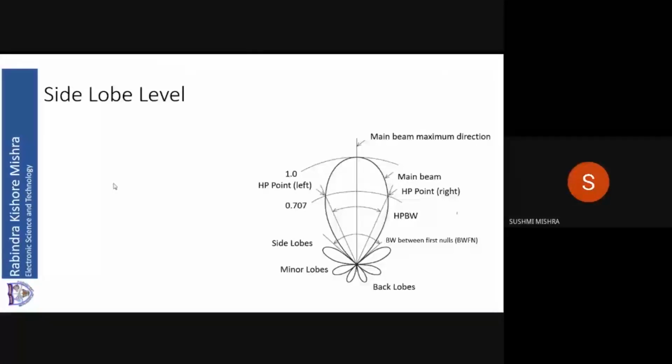So you can see the main beam is 1. Normalized means whatever value you get, divide it by the maximum value. So maximum value by maximum value will be 1.